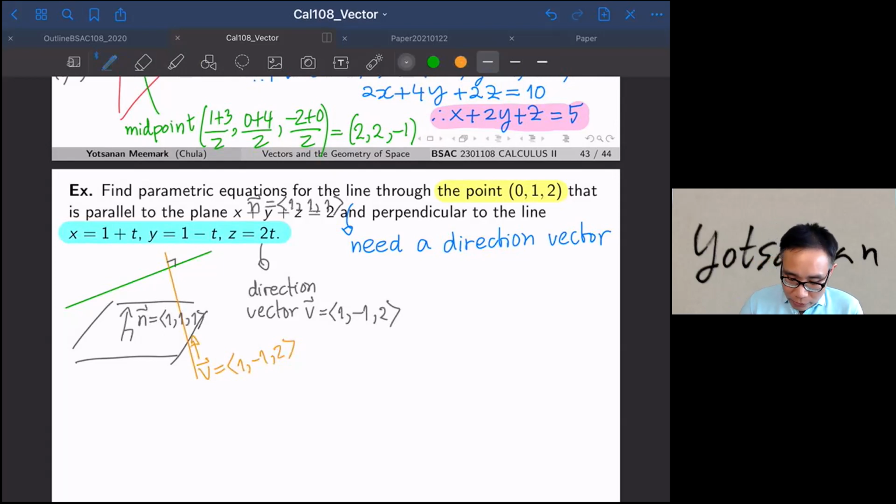And you also see that the normal vector turns out to be perpendicular to this line as well. Let me give you the picture. You have the plane and you have the line parallel to it.